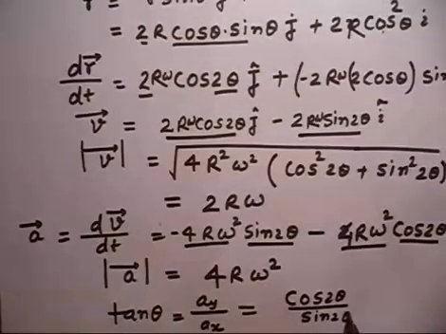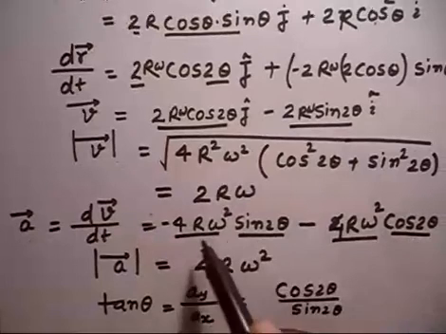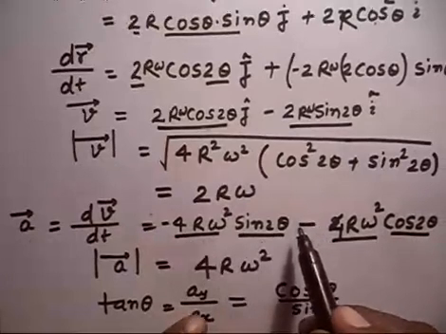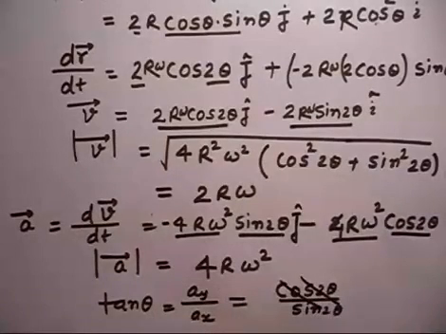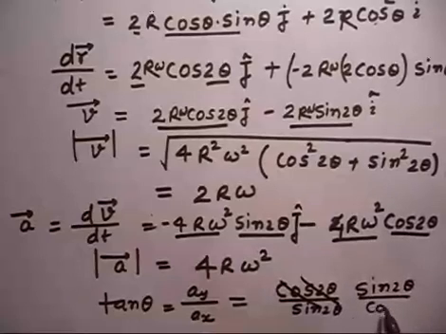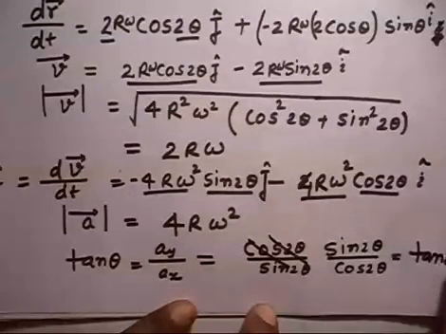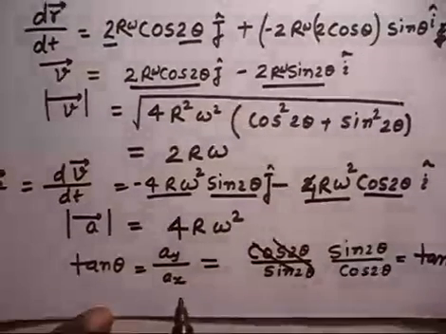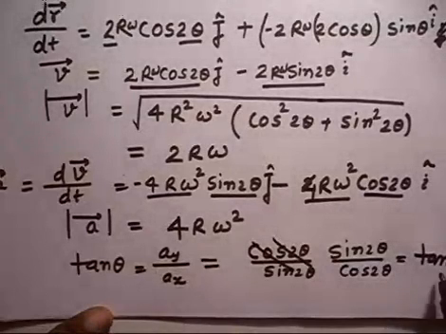So sin 2 theta by cos 2 theta, because the minus sign is there. So this becomes tan 2 theta. So the angle is simply 2 theta.